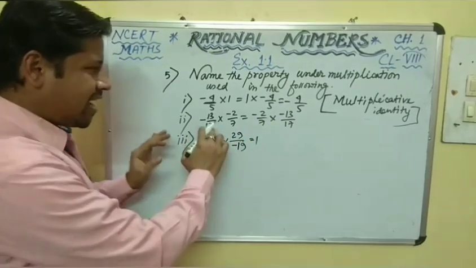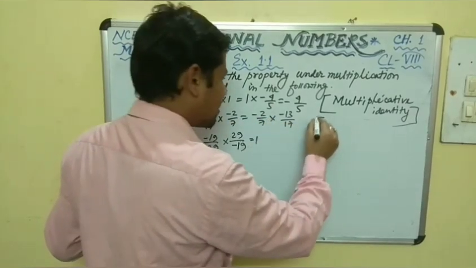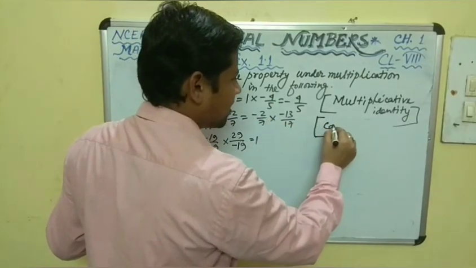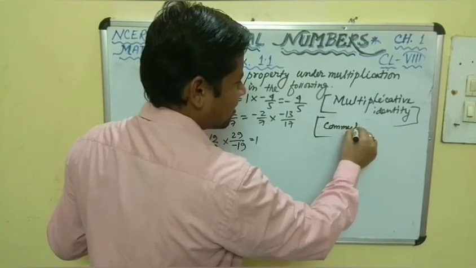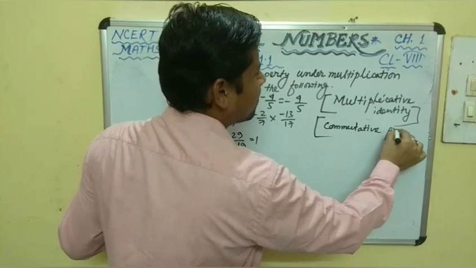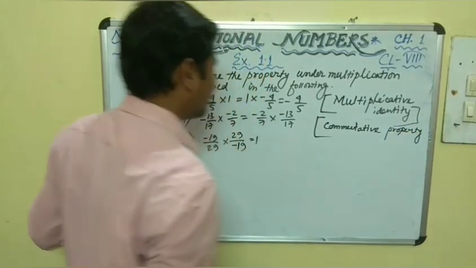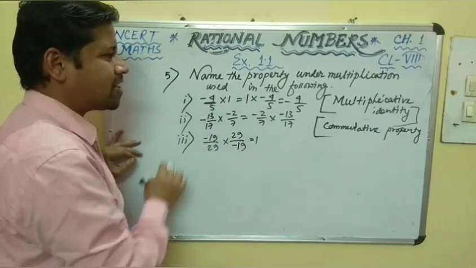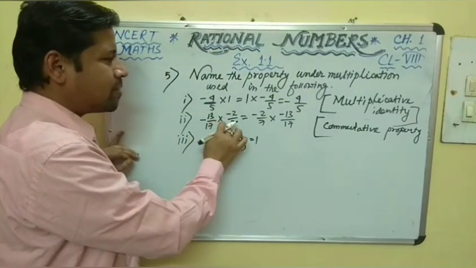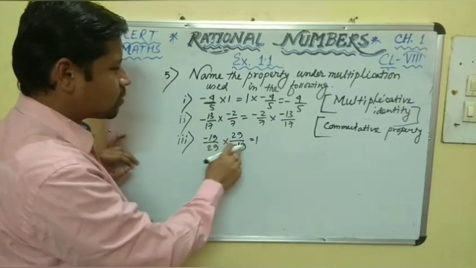That is A into B equals B into A. That is the commutative property. In the case of multiplication, A into B equals B into A, the commutative property. Understood this?